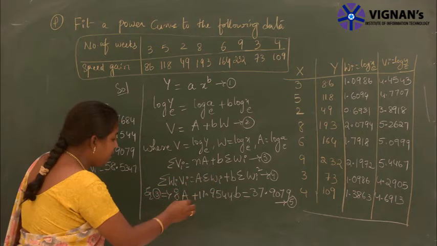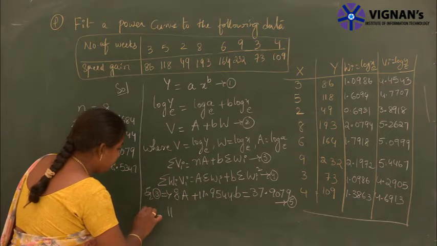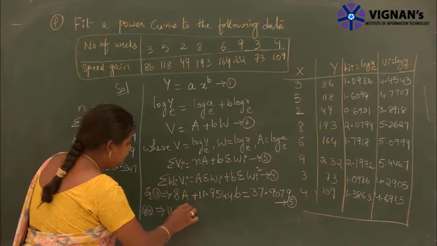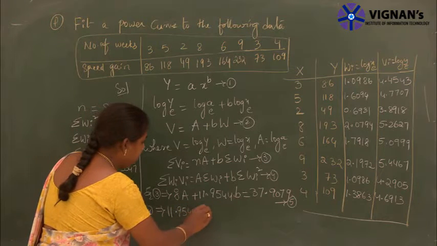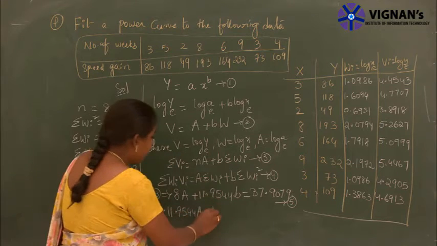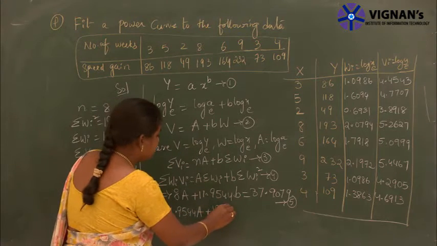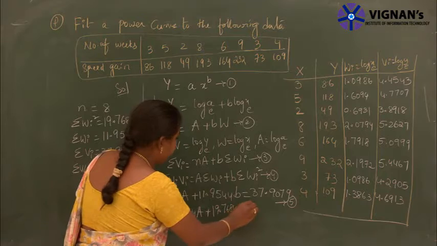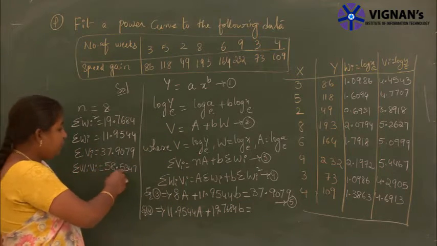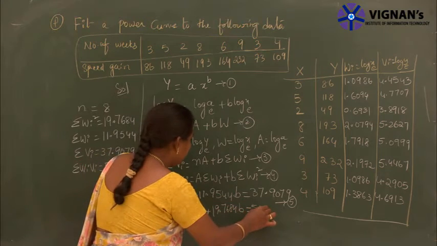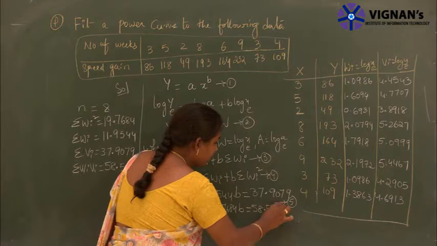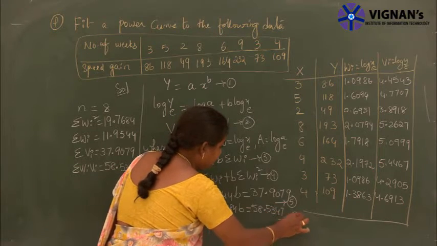A summation Wi, equation 4 implies 11.9544A plus summation W square, that is 19.7684B, is equal to summation Wi into Vi, 58.5347. Let it be equation 6.